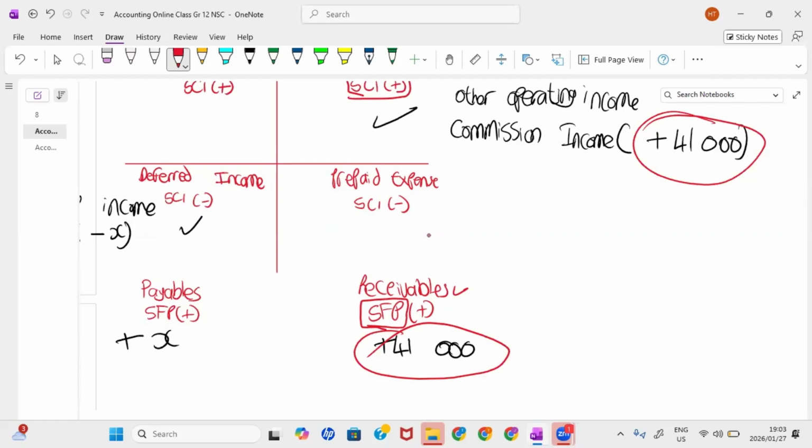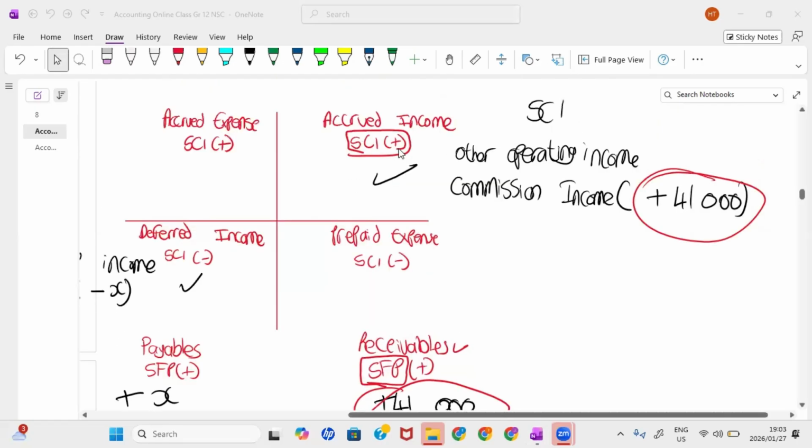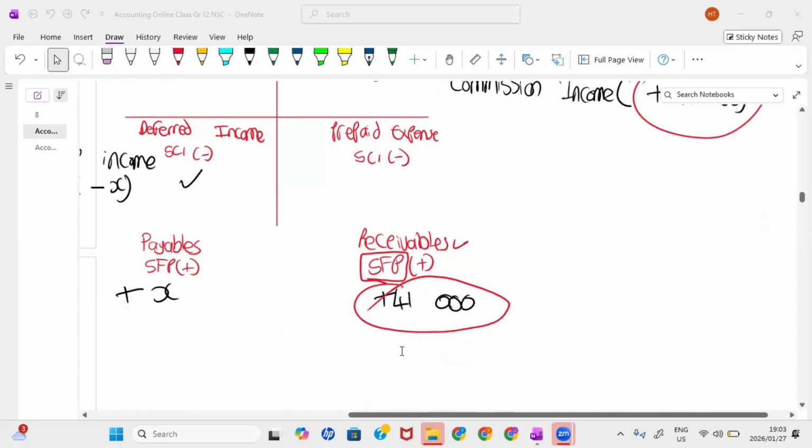But let's say you have a question, and in your question they only want the income statement. Obviously, you will do the part where you have to deal with the income statement. You add there only. And for the balance sheet, you won't do anything because they didn't ask for a balance sheet. Does that make sense?